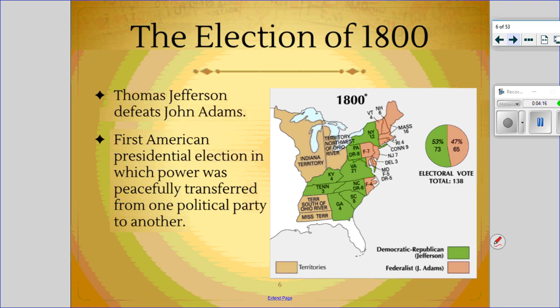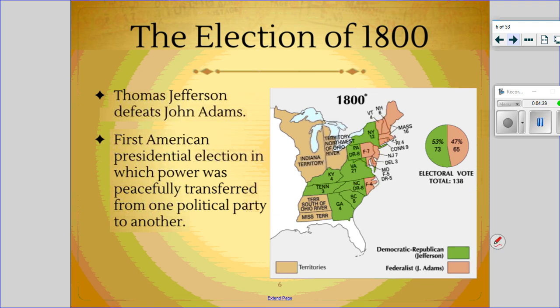This is the first time in American political history where one party loses, another party wins, and the losing party has to give up power. Imagine you have all this power, and now you have to willingly give it up to people who you are completely opposed to. It's almost like, is this really going to happen?